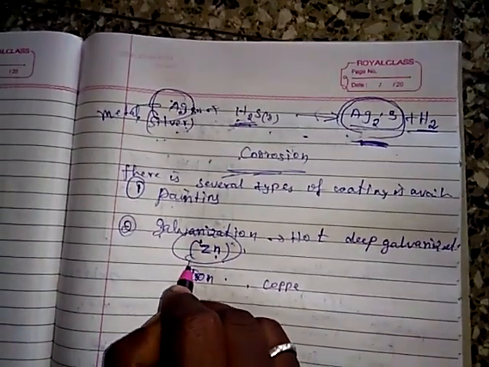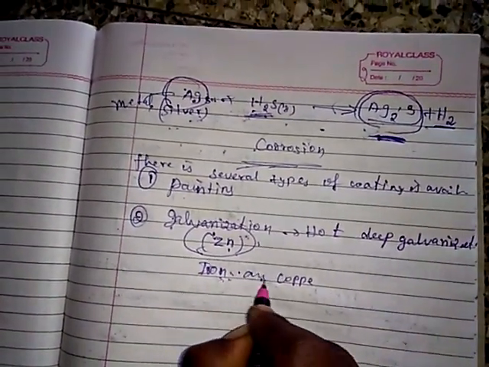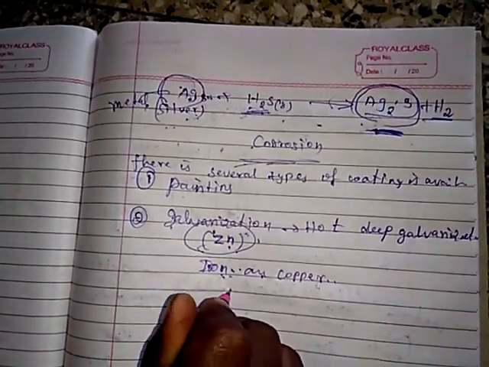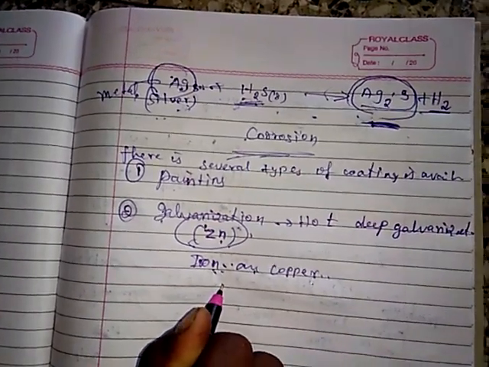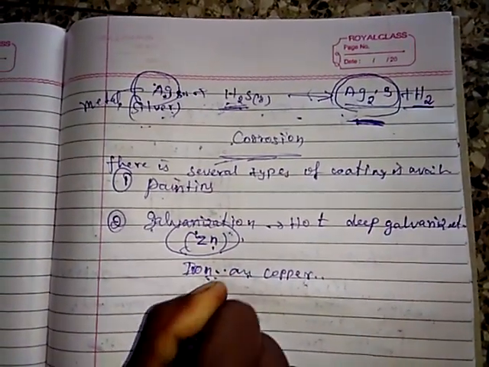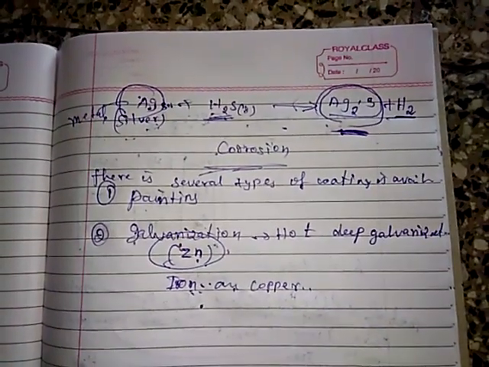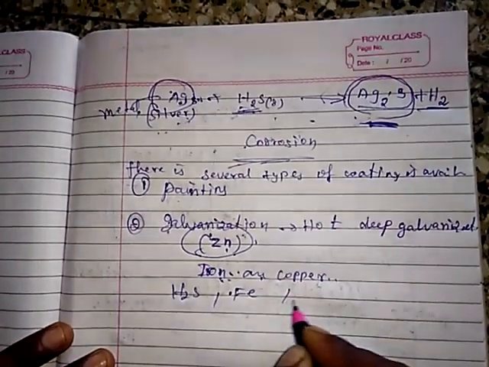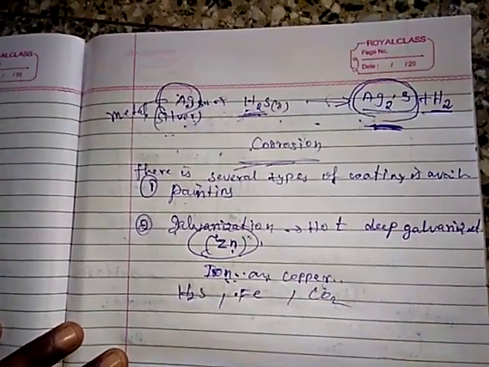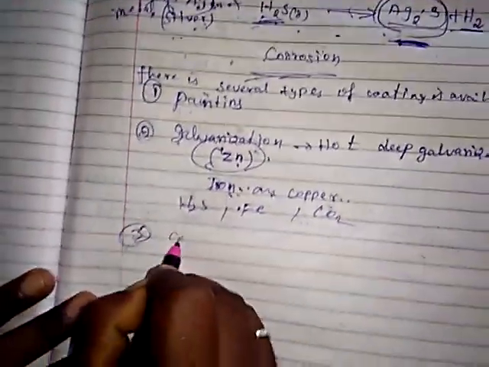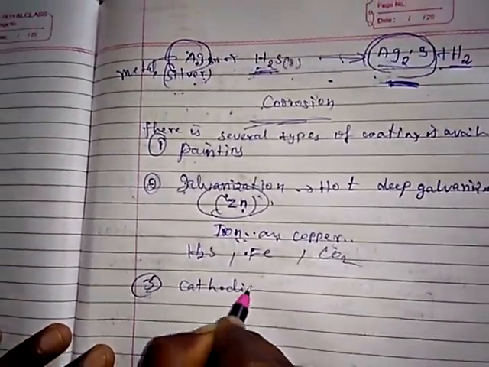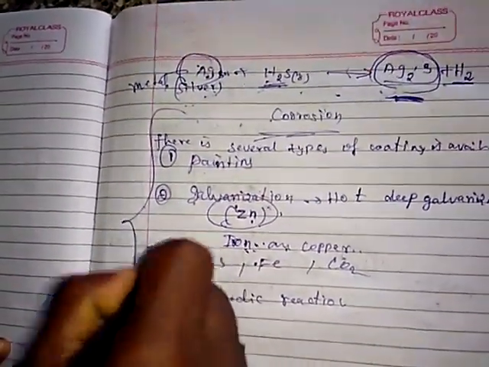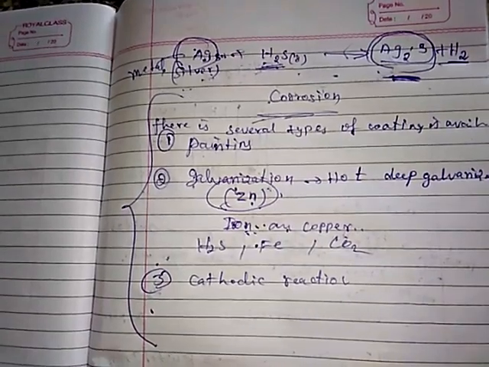The zinc layer is coated to prevent direct interaction of the metal with hydrogen sulfide, oxygen and also carbon dioxide. The third point, cathodic protection. These 3 points are important for preventing corrosion.